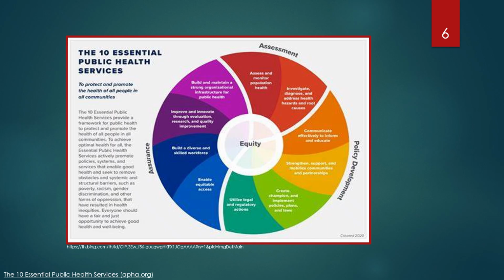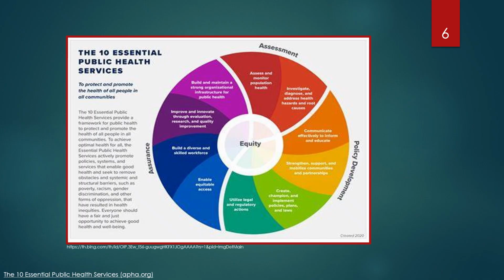1. Assess and monitor population health. 2. Investigate, diagnose, and address health hazards and root causes. 3. Communicate effectively to inform and educate. 4. Strengthen, support, and mobilize communities and partnerships. 5. Create, champion, and implement policies, plans, and laws. 6.